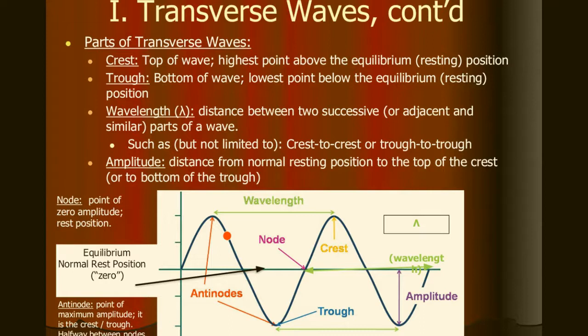We've got the wavelength from that bottom portion to the next one, and that would also be considered the wavelength. The wavelength, again, is the distance between two successive parts that are adjacent or similar to each other. So we see our third example of the wavelength, and it is from the start of where you see the node to the other one.